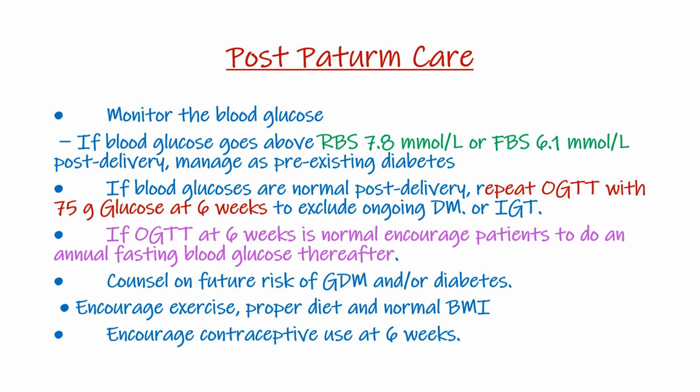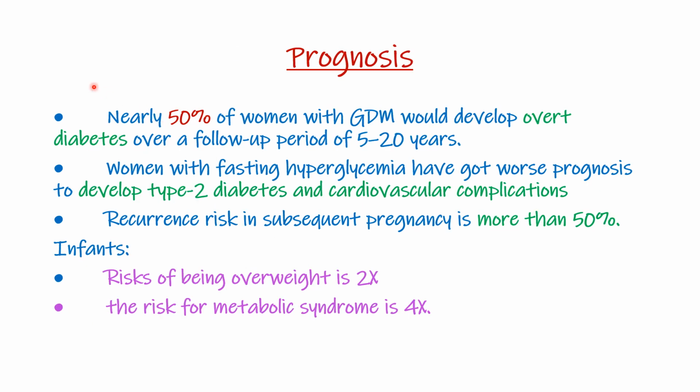In terms of prognosis, nearly 50% of the women with gestational diabetes will develop overt diabetes, that is the two types of diabetes, insulin independent and insulin dependent, over a follow-up period of 5 to 20 years. Women with fasting hyperglycemia have a worse prognosis to develop type 2 diabetes and cardiovascular complications.